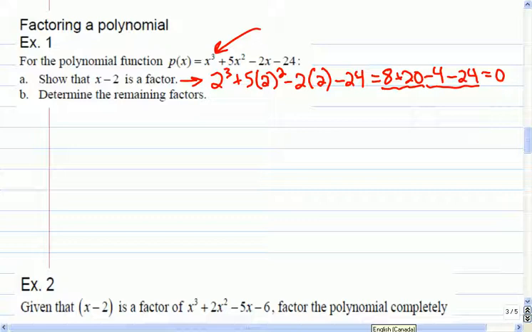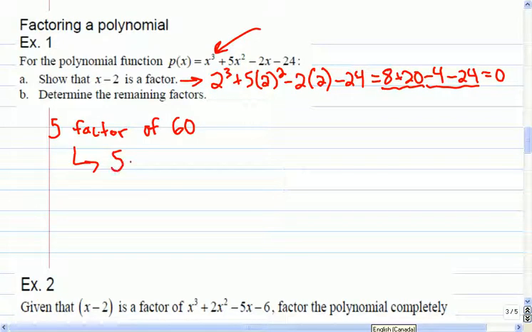And here's what we're going to do to figure out how to get the rest of the polynomial factored. We're going to use the division that we had before and find out what's left over once I take this factor out. The idea is kind of like saying, if I know that 5 is a factor of 60 and I wanted you to factor it, the problem then becomes 5 times what's left over? 12.